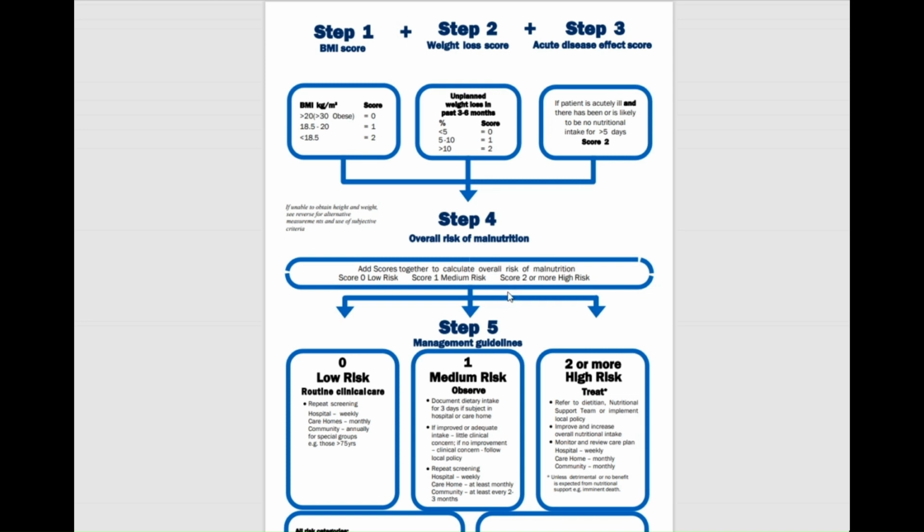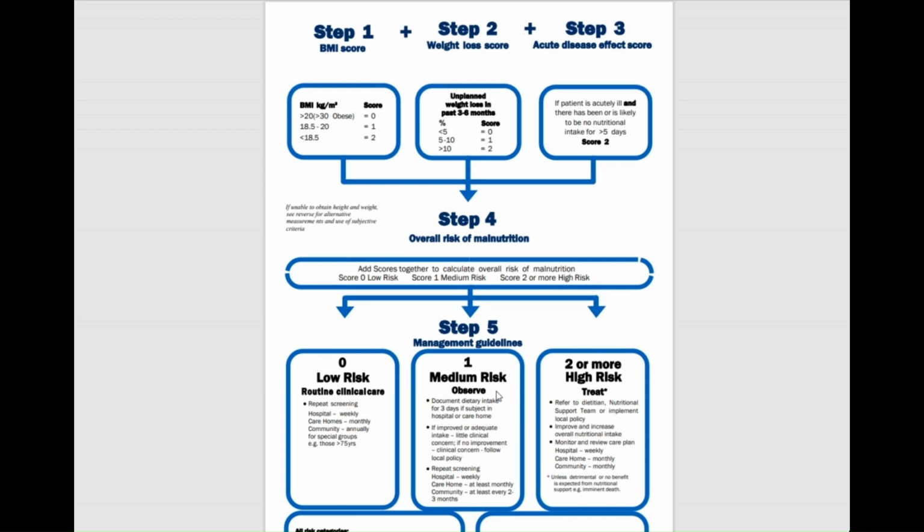You can see after calculation the total MUST score is 1, which indicates that the patient is at medium risk of malnutrition, as you can see on the screen. Now you can verbalize the risk category, that the total MUST score is 1 and the patient is at medium risk of malnutrition.